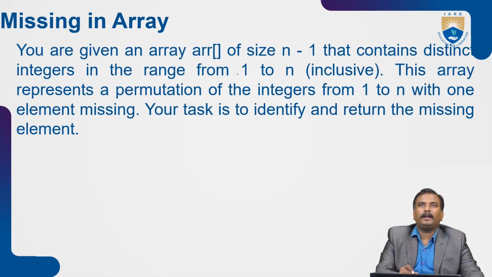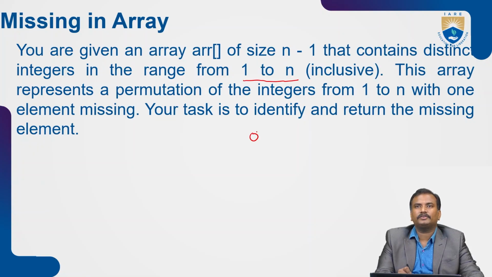You are given an array of size n minus 1 that contains distinct integers in the range from 1 to n. Here in the LeetCode question, you are given an array of size n. Here it is an array of size n minus 1. 0 is not included in this array. You can see the difference.